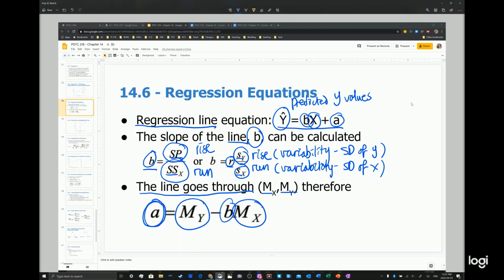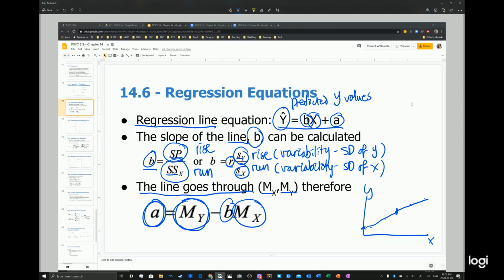And so to calculate A, we need the mean of y, because the regression line goes through that point. So for example, if we have a perfect line here, then there's a mathematical middle between x and y, and the regression line goes through that point no matter what.